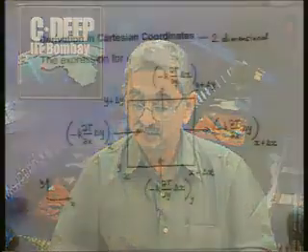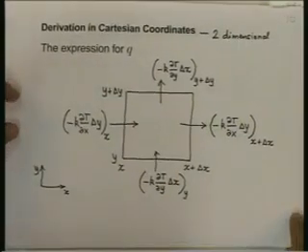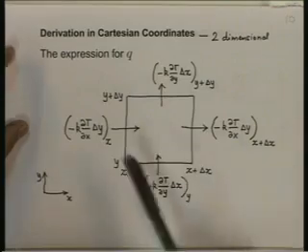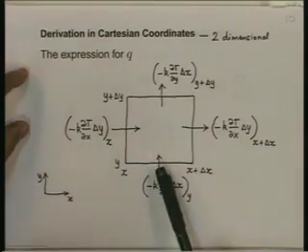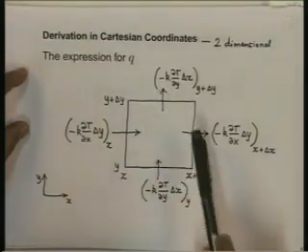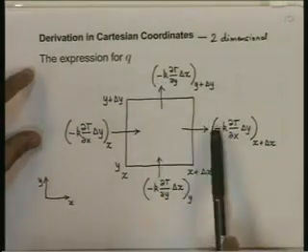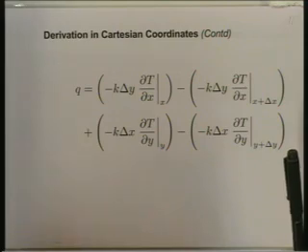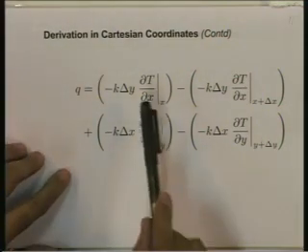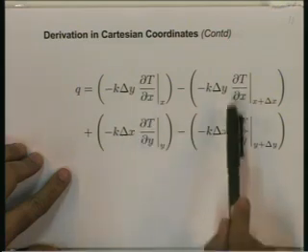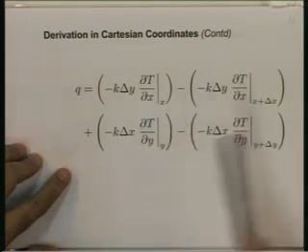Notice that the 4 terms shown in the previous figure are all represented here. But since Q is inflow, these 2 terms will contribute positively. These 2 terms would effectively be subtracted because the arrows move out of the control volume. So we have the 2 inflow terms and the 2 outflow terms with a negative sign.